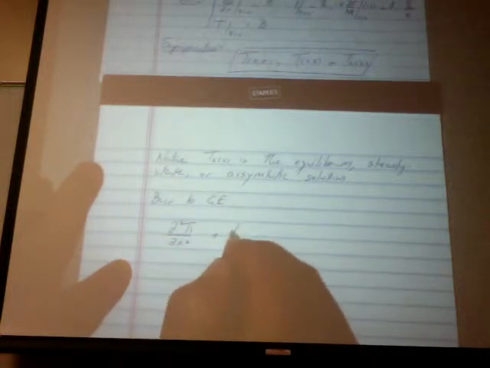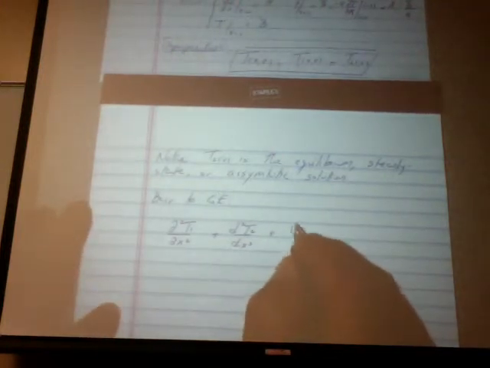If you go back to the governing equation, you end up with the second derivative of T1 with respect to x squared plus the second derivative of T2 with respect to x squared, which is a total derivative because T2 only depends on space, plus u_g triple prime over k is equal to 1 over alpha dT1/dt.